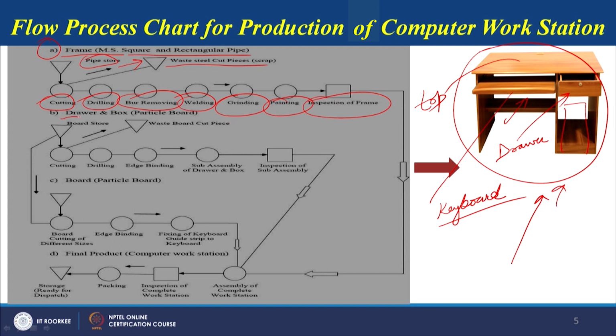Then for the drawer and the box, there is a board store. From the board store, again the operations are cutting, drilling, edge binding, sub assembly of drawer box and inspection of the assembly. Then the third part is the particle board: board cutting of different sizes, edge binding, fixing of the keyboard and guide strip on the keyboard.